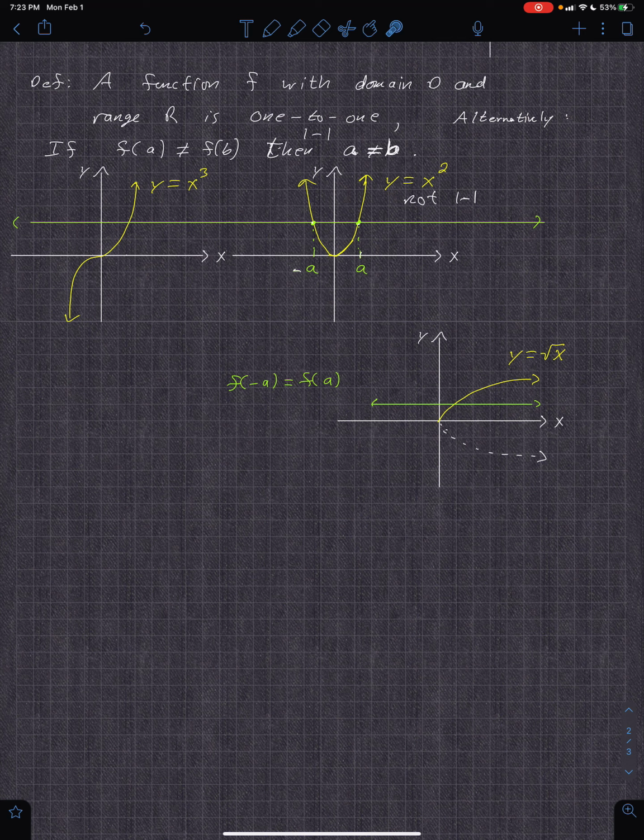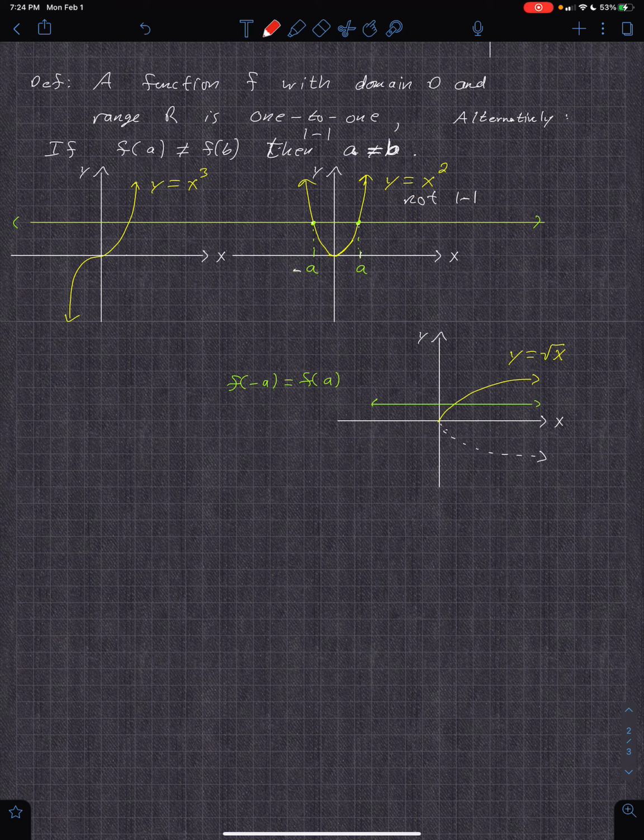So this is basically saying if f of A and f of B are not the same, then you can't have A and B the same. So that's one-to-one. It's not one-to-one if A and B can be different and you still have the same function value. So this case here is not one-to-one.